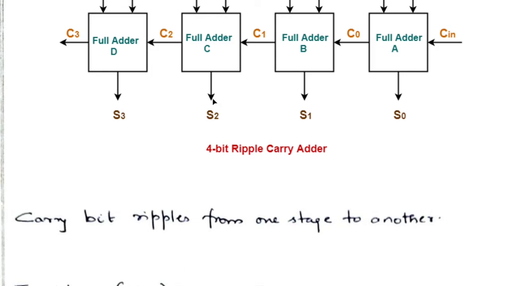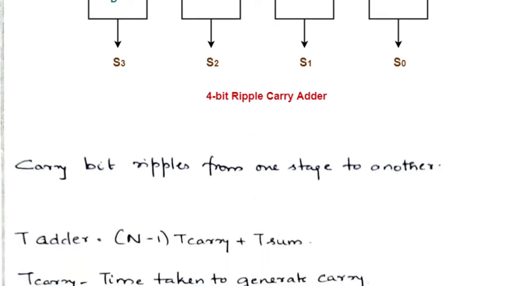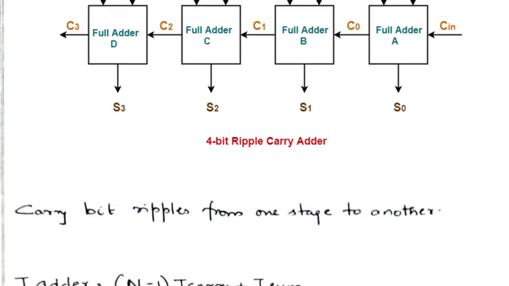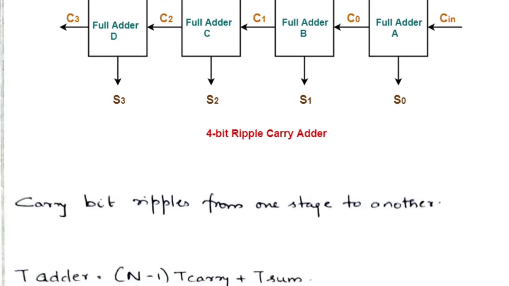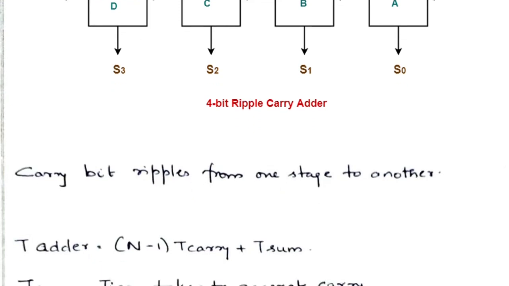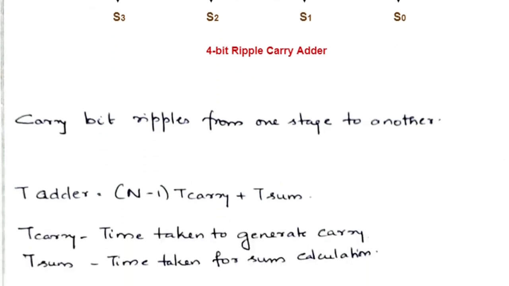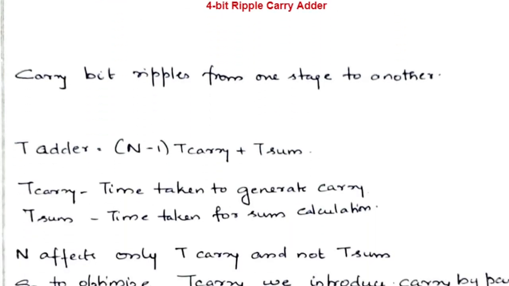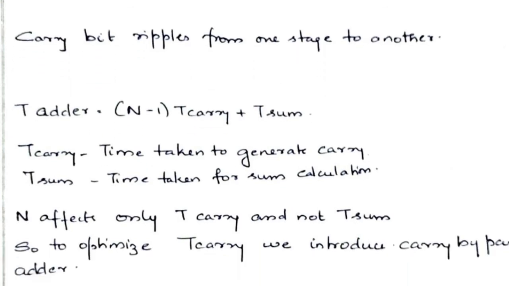So the total time taken increases as the number of stages increases, and it becomes highly non-feasible as the number increases. T carry is the time taken to generate carry, and T sum is the time taken for sum calculation. N affects only T carry and not T sum.